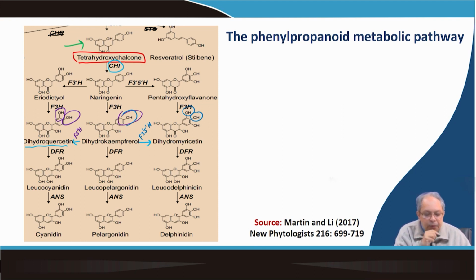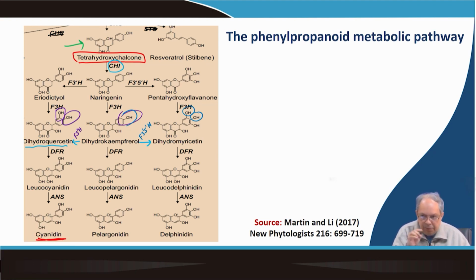And then these 3 pathways contribute to different anthocyanin structures. For example, cyanidin, which is basically magenta towards red color. So, the cyanidin is this one.